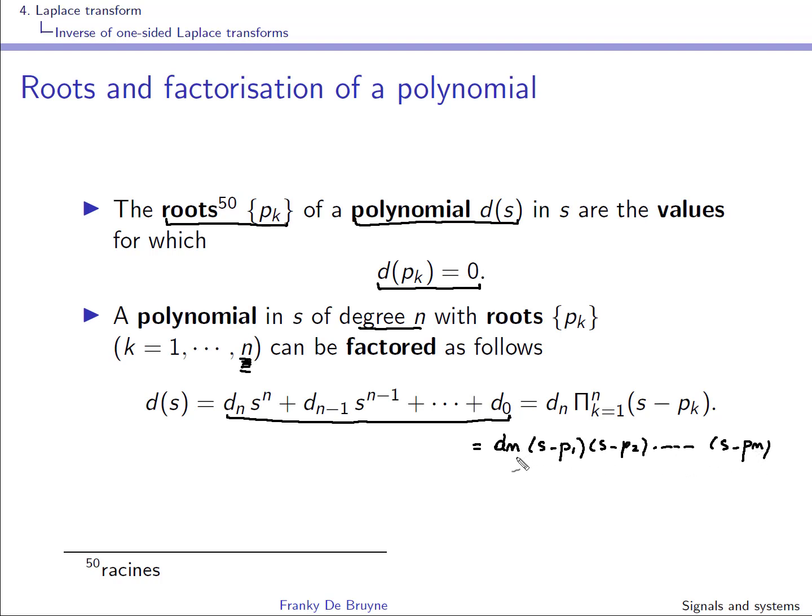And what I often see is that this coefficient dn, in front of the highest power of s, is forgotten. It's kind of obvious that if you multiply all these little factors, the power will be s^n, and if you forget this one, you have a mistake. So please, when you factor the polynomial, don't forget this factor dn.